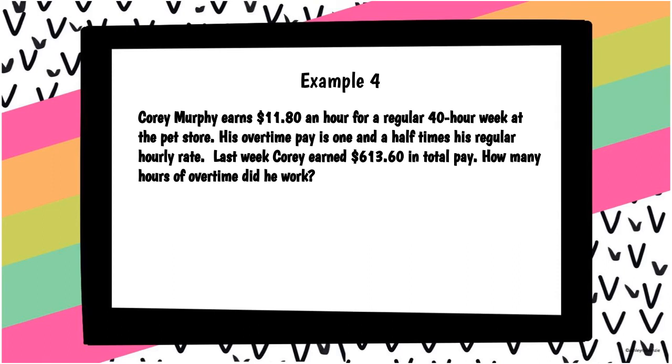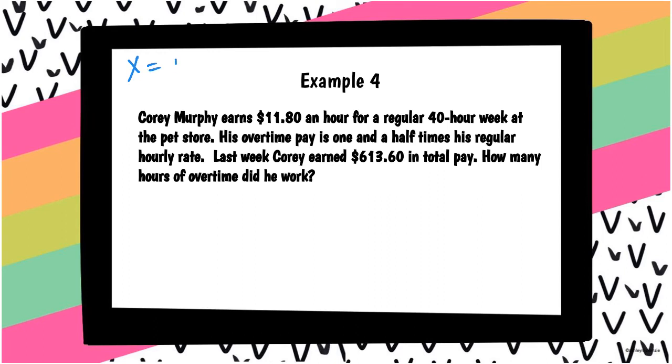Our last example is similar to the one we just did. Corey Murphy earns $11.80 an hour for a regular 40-hour week at the pet store. His overtime pay is 1.5 times his regular hourly rate. Last week, Corey earned $613.60 in total pay. How many hours of overtime did he work? We'll start out the same way.